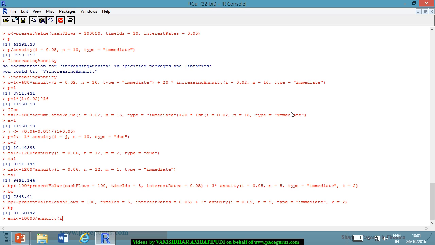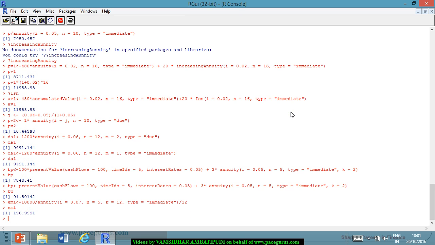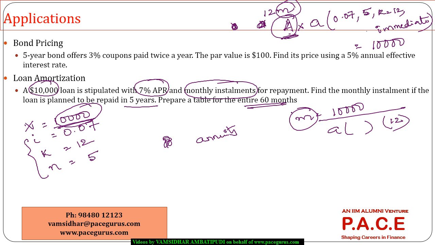So let me take interest rate equal to 0.07, N equal to 5 years, K equal to 12 because it's a monthly installment that we are talking of, type equal to immediate, and there is no deferment period, so I don't need to bother about that deferment. Whatever this computation comes out to be, I'll divide it by 12. Based on that, I'm getting my EMI value as approximately 197. So this is the EMI that I have to pay every month over the next 5 years.